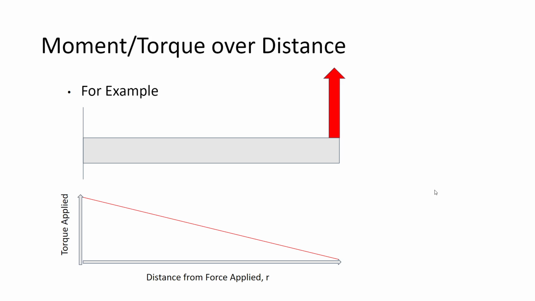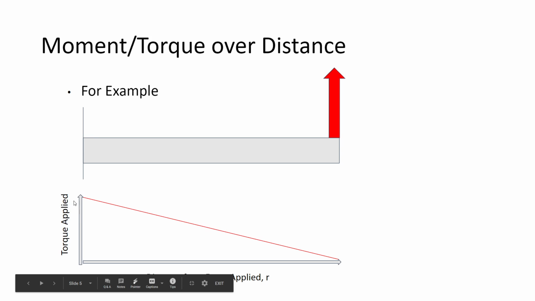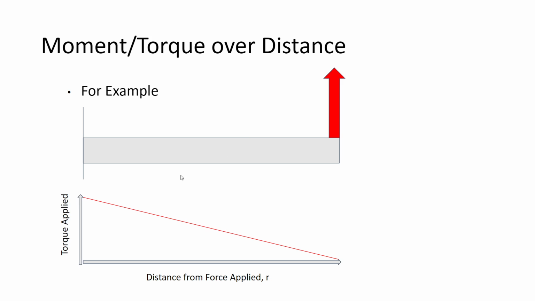Something also important that relates back to that example we did earlier is, again, there's an infinite number of moments or torques being applied to this beam by this single force. And so the greatest torque is being experienced at the greatest distance away. And we can see that here. We have some beam sticking out of a wall, and when we apply a force upward, we can see down here that the location of the largest magnitude of torque exists at the farthest distance.